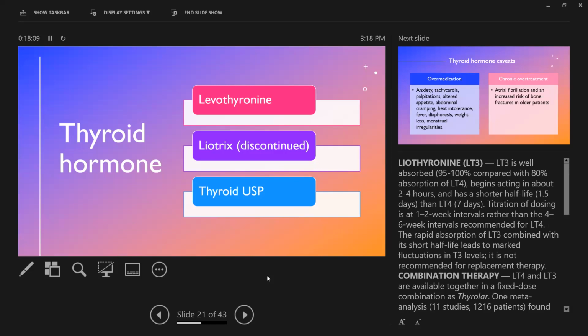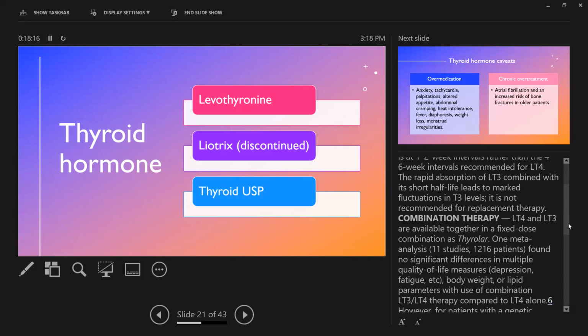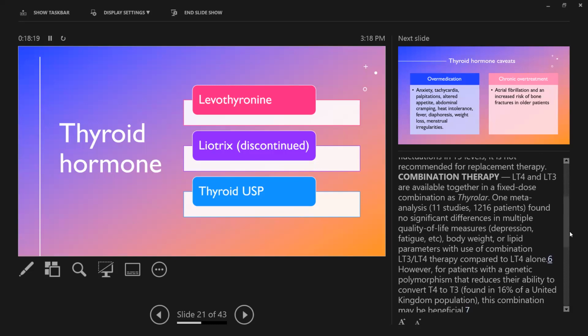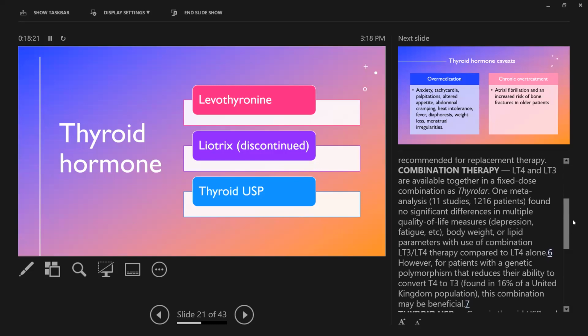The company stopped making it because the evidence that it worked in certain populations of patients kind of evaporated. It seemed to work best in a population of people who had a reduced ability to convert T4 to T3. Studies have shown that benefit was illusory. So Liothrix has been discontinued.